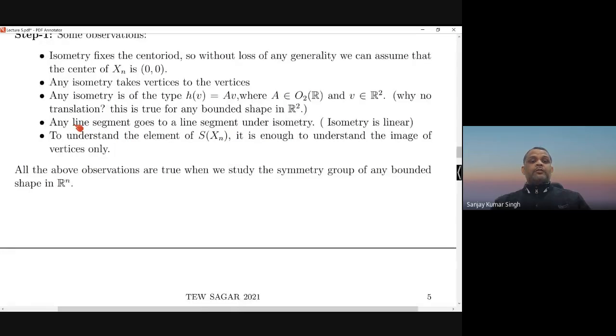And the fourth property is that any line segment will go exactly to a line segment under the isometry. Why? Because we know an isometry is a linear map. So under a linear map, if I know two points go to two points, then their linear combination will also go to the linear combination because of linearity. And hence a line segment goes to a line segment.